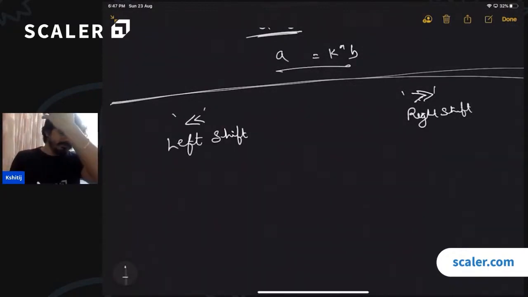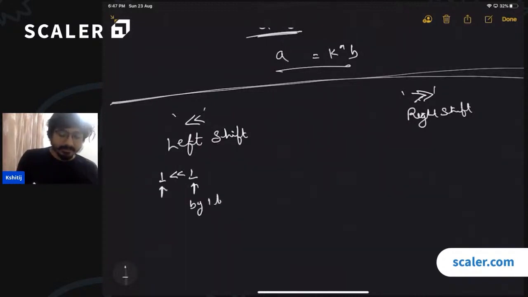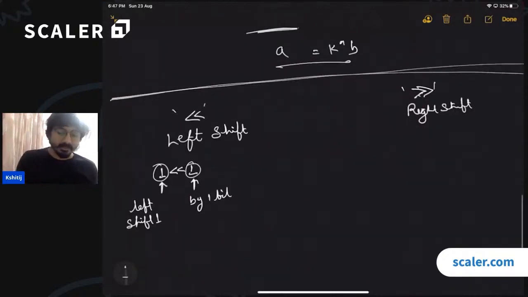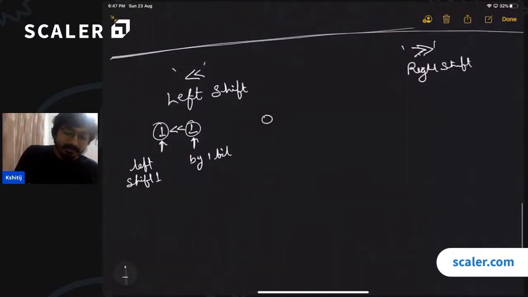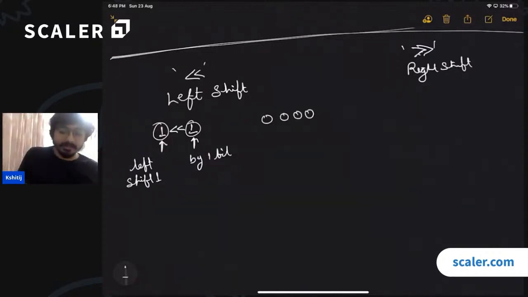For example, if I have 1 and I left shift 1 by 1 bit, how will I write it? I will write it something like this. So I am left shifting this number by these many bits. How is it going to work? Let us say that the computer that we are using is representing all the numbers using 5 bits.